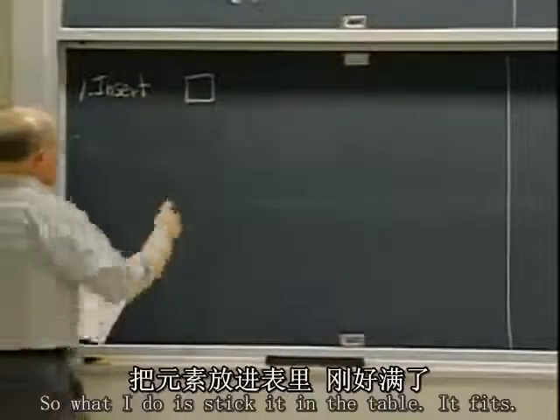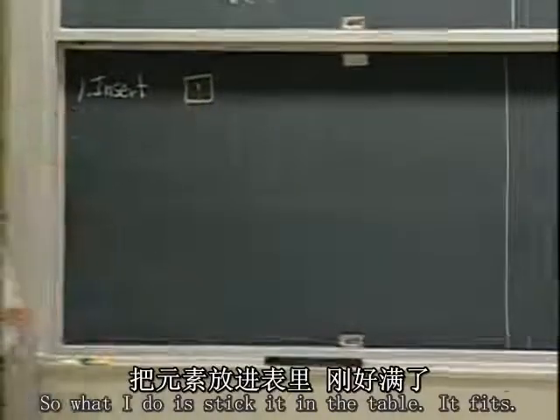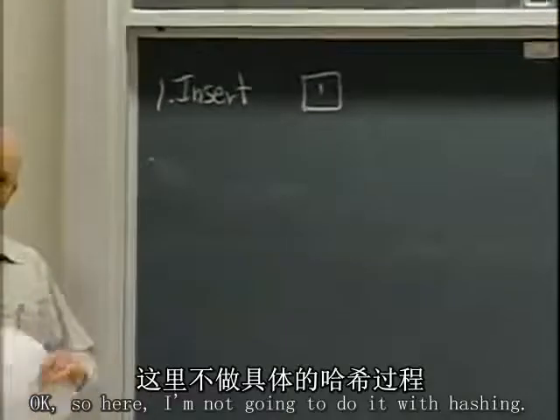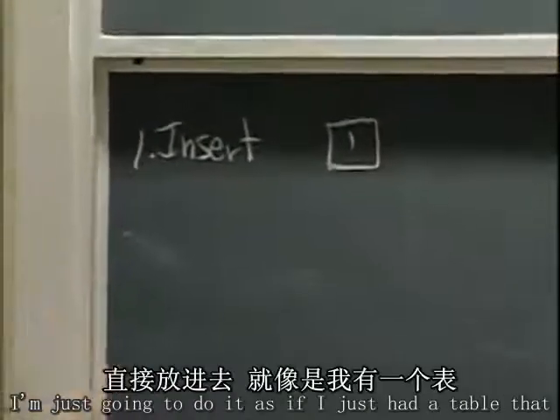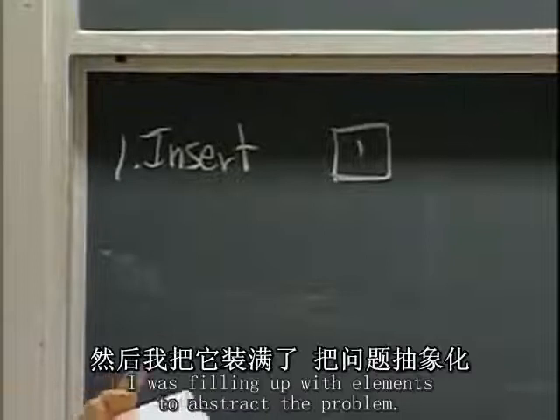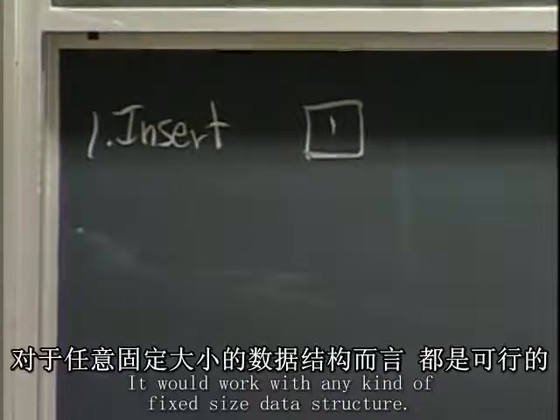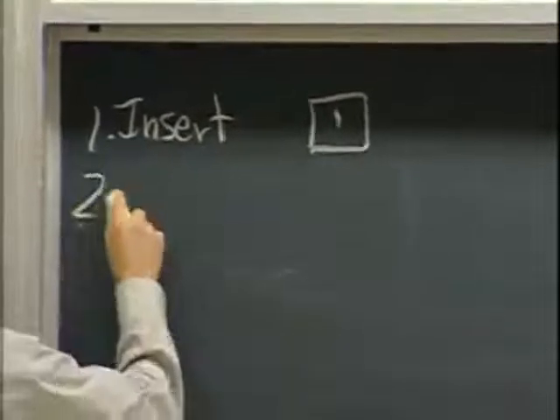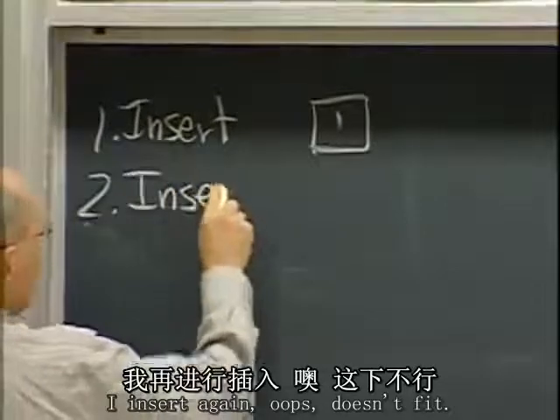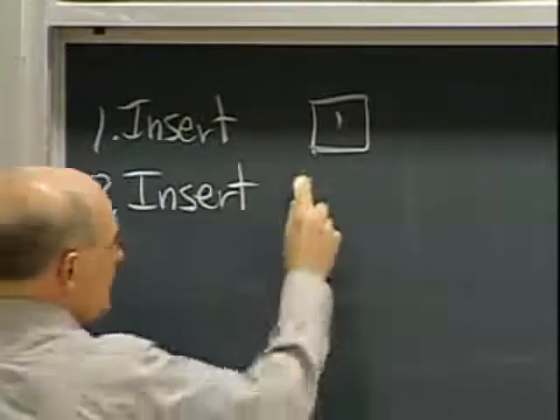So what I do is I stick it in the table. It fits. Here I'm not going to do it with hashing. I'm just going to do it as if I just had a table that I was filling up with elements to abstract the problem. But it would work with hashing. It would work with any kind of fixed-sized data structure. I insert again. Oops, doesn't fit. Get an overflow.